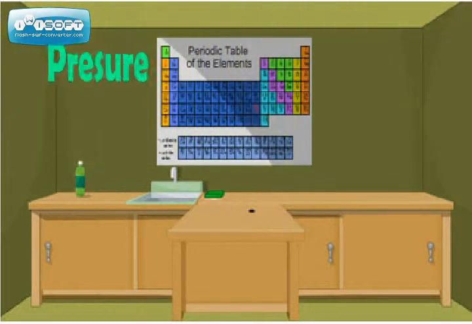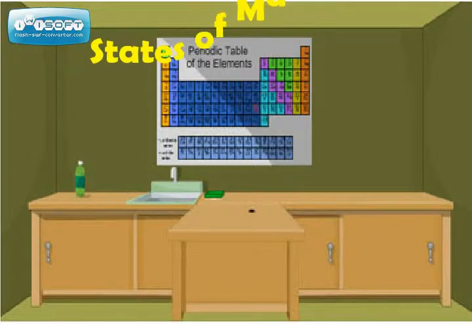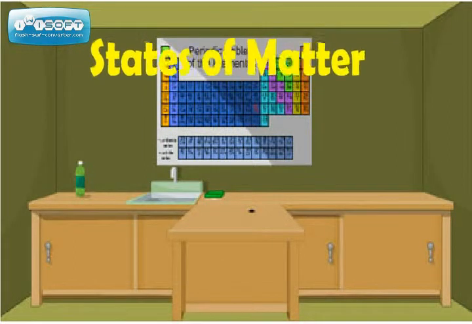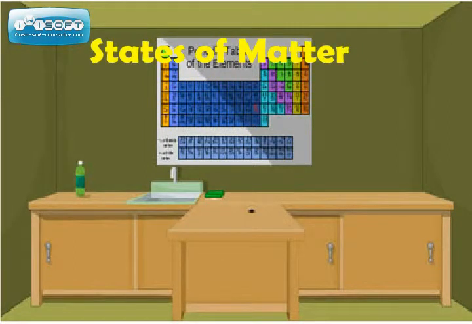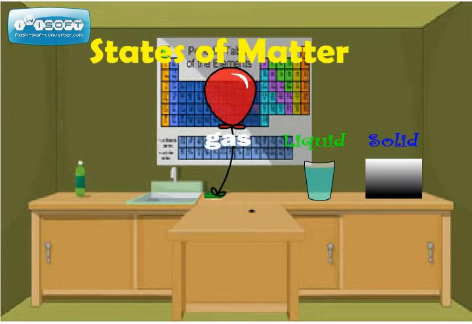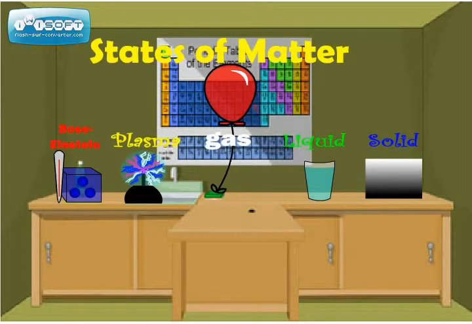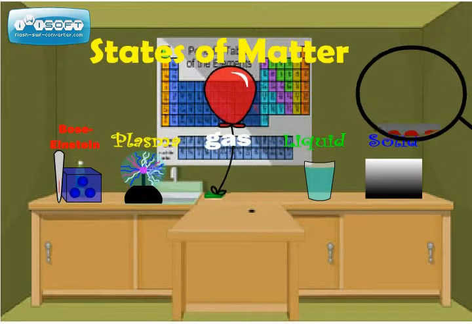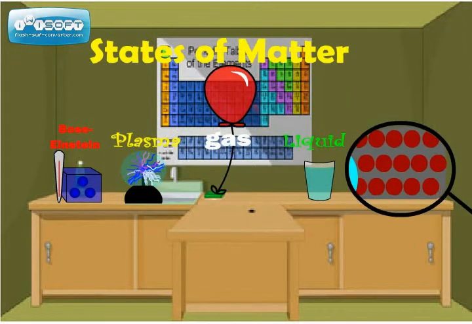Well, after the explanation on pressure and temperature, let's talk about the states of matter. These are solid, liquid, gas, plasma, and Bose-Einstein. Solids are characterized by constant shape and volume.